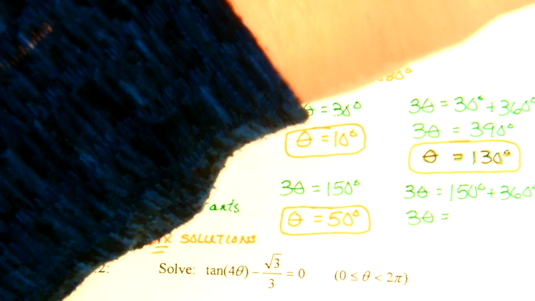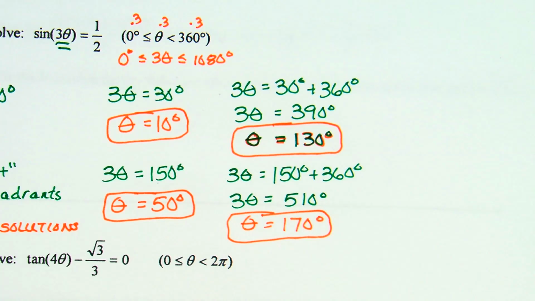And then if you divide, 510 divided by 3 is going to be 170, because I know 3 times 17 is 51. I'm up to 4 answers.